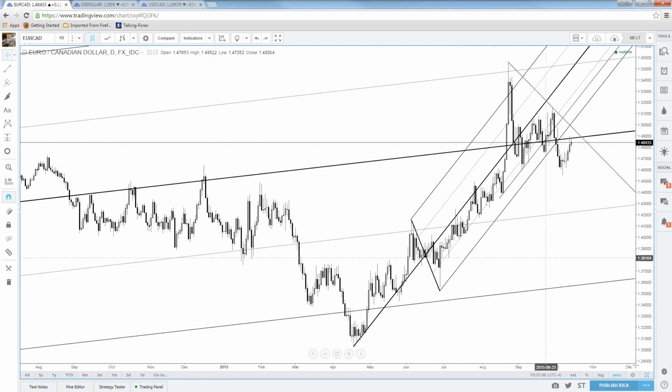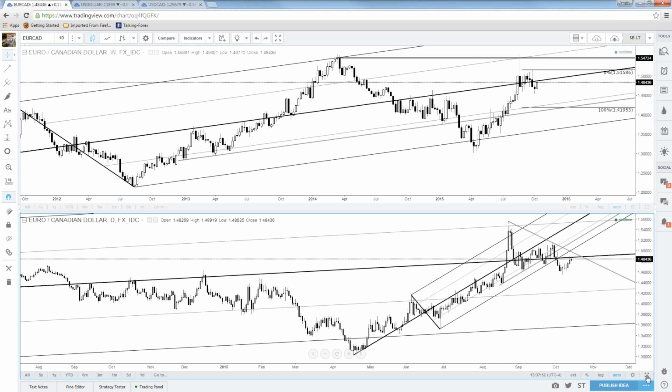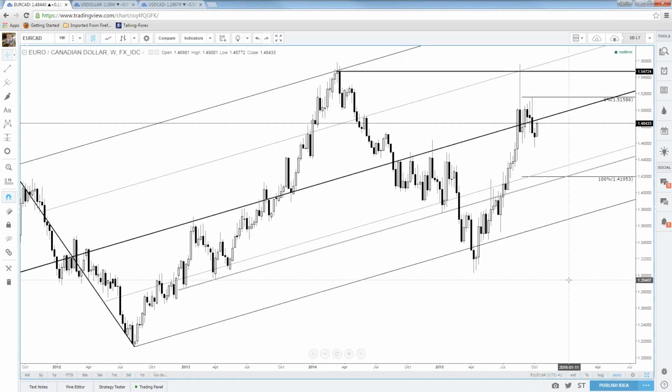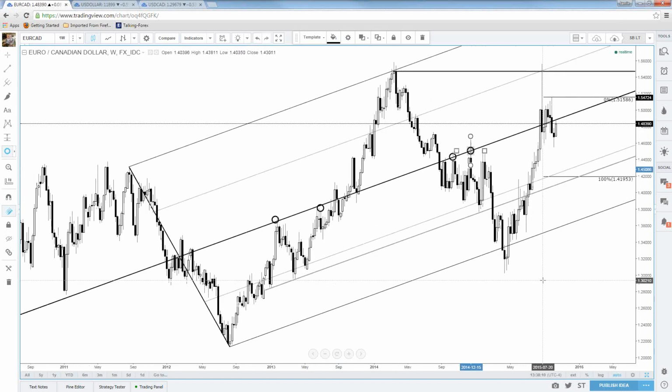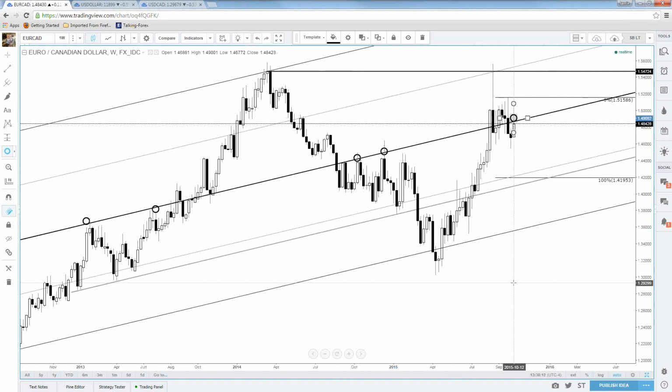And EuroCAD's actually kind of setting up for something on the bear side, maybe a little sooner, as in like now. So this is a long-term median line. Resistance all these times before. Resistance, and these are spikes, of course. And now we're at it again. So that's the weekly chart.